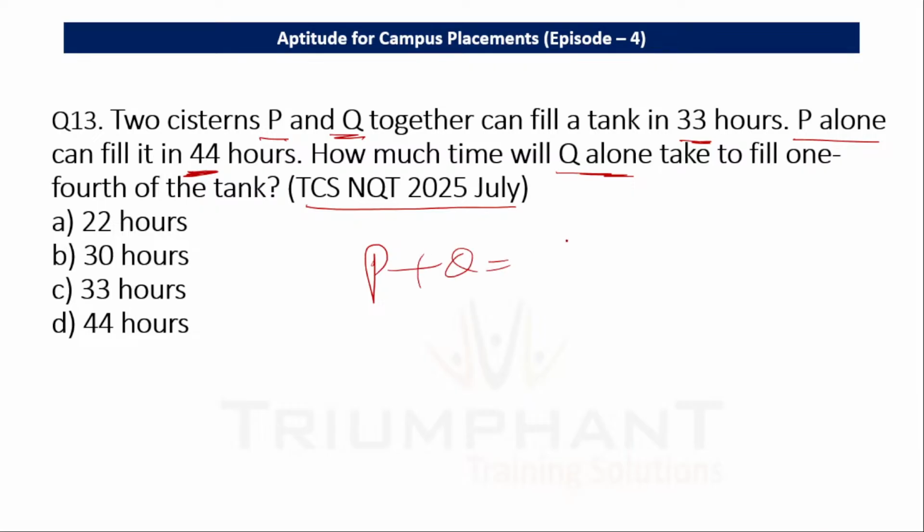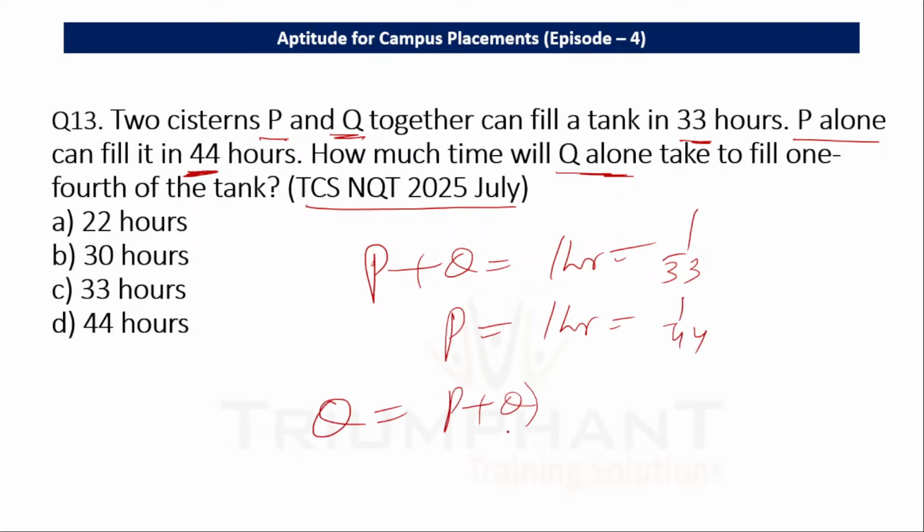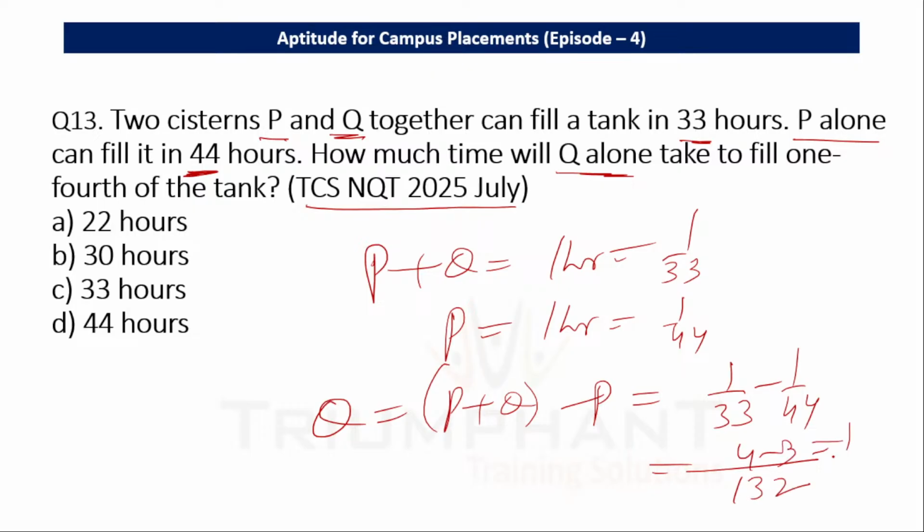Given PQ together 33 hours, so PQ together 1 hour work is 1 by 33. P alone can fill it in 44 hours, so P's 1 hour work is 1 by 44. Then Q alone is P plus Q together minus P, that is 1 by 33 minus 1 by 44. LCM is 132, 4 minus 3, 1 by 132. As Q's 1 hour work is 1 by 132, Q requires 132 hours to fill the tank.